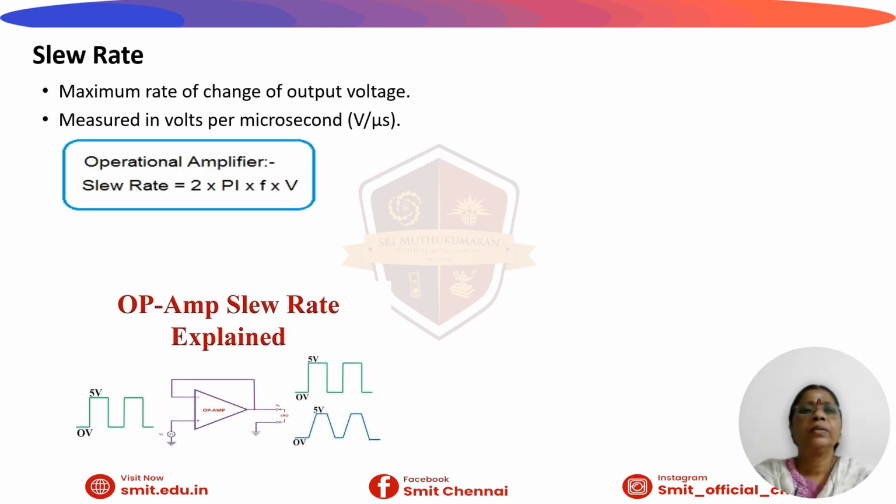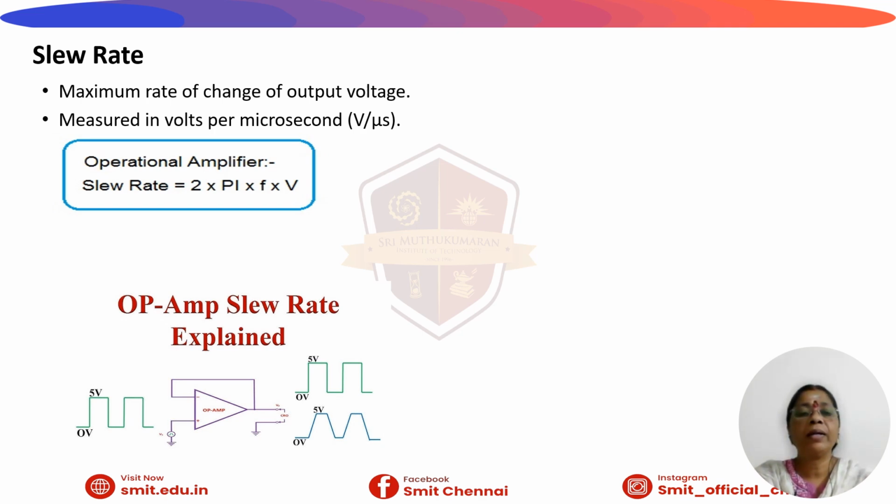the slew rate is the maximum rate of change of output voltage. It is defined as the rate at which the output voltage changes per unit of time. It acts as the speed limit for the amplifier's output, determining how quickly it can respond to rapid changes in the input signal.